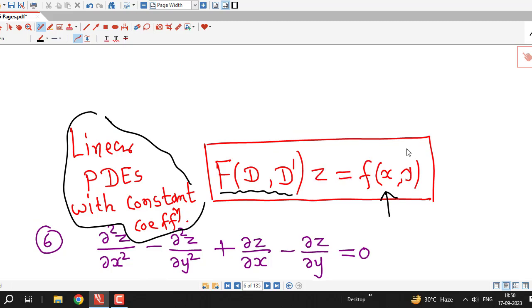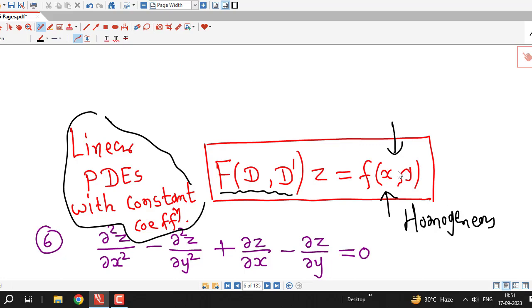So now, depending on the right hand side function, we have two types of linear partial differential equations with constant coefficients. If right hand side is 0, that is this function is 0 for all values of x and y, then this equation is called homogeneous linear partial differential equation with constant coefficients.